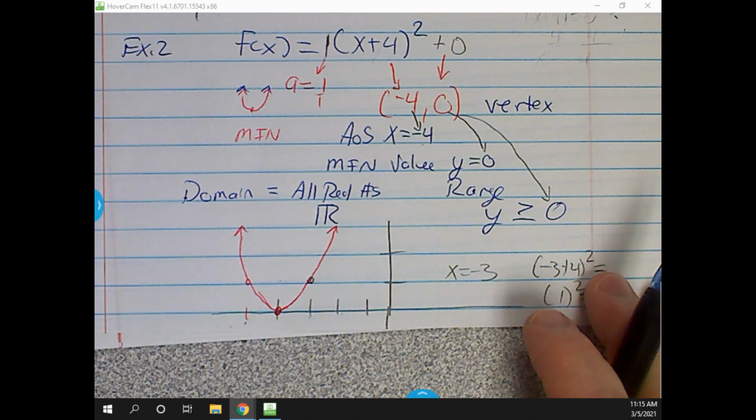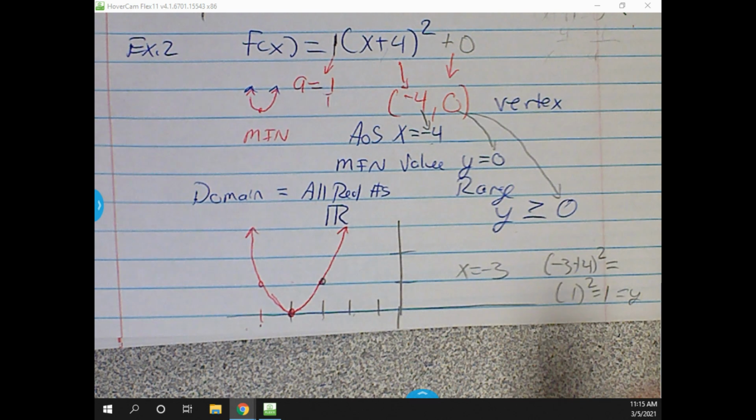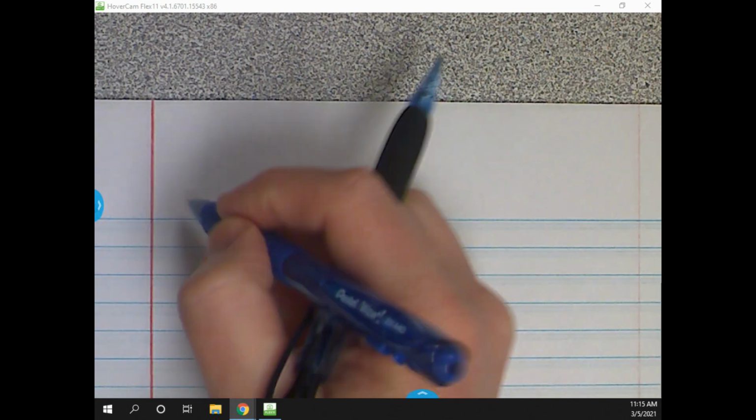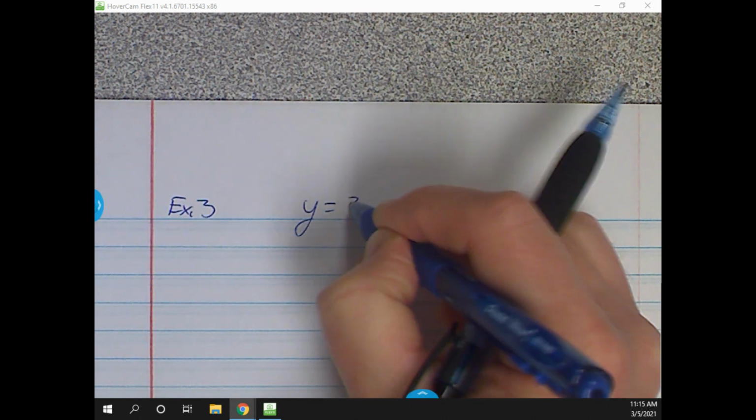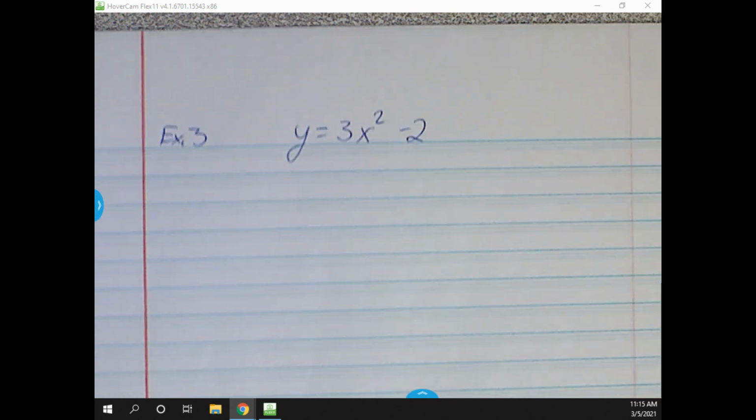All right, let's give you one where the a value is not 1, so we can see what happens there. So let's go with 3x squared minus 2.